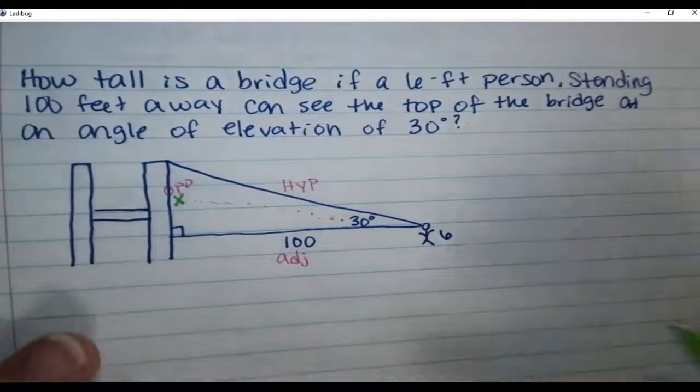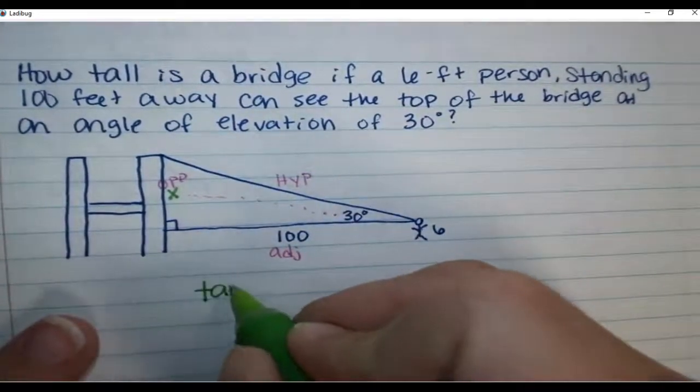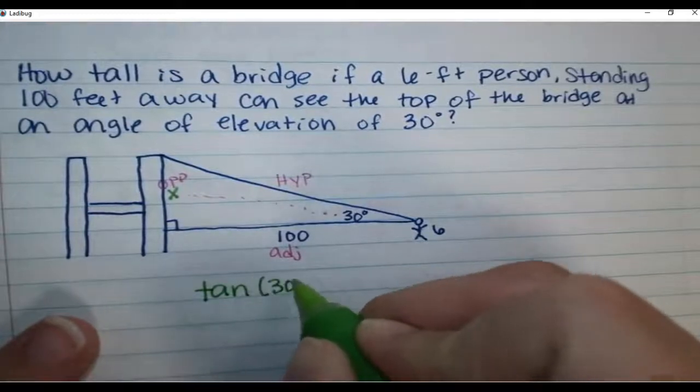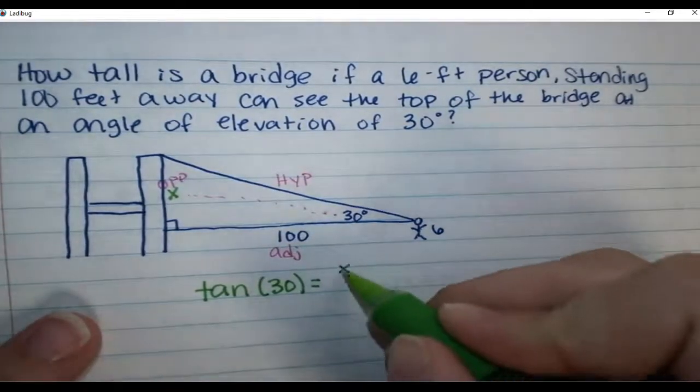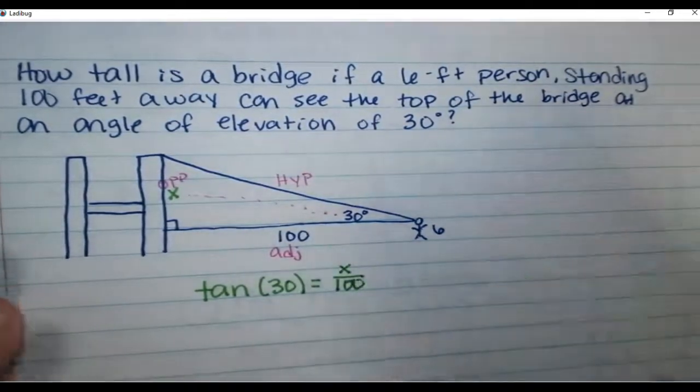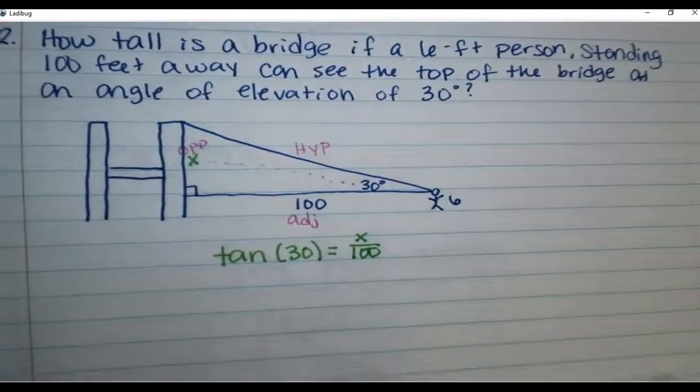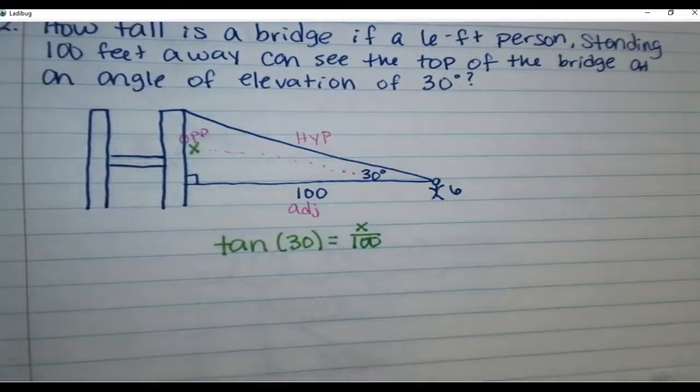Tan, good. So, we do tan of 30. And then tan is O over A, so X over 100. So to solve it, what do we do?